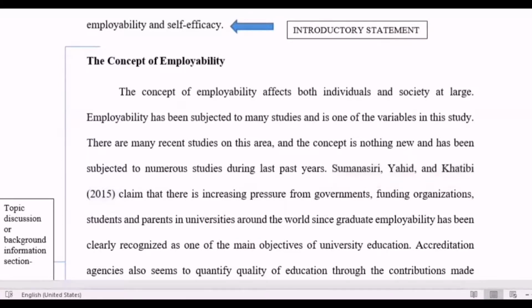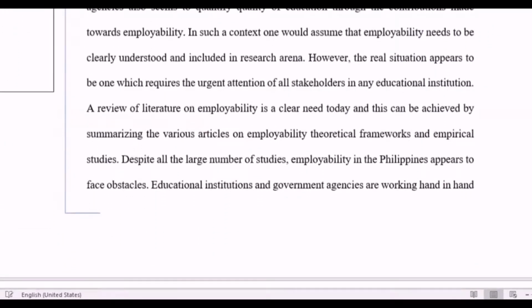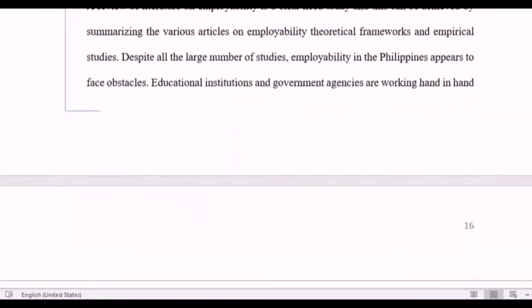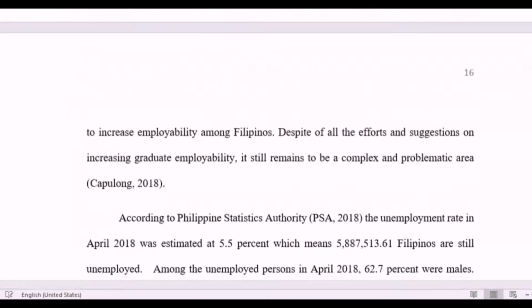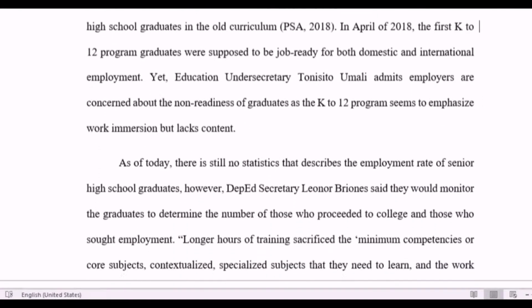Okay, so next is after the discussion of the literature about the topic, sa literature, you can also find mga statistics. Okay, like here, according to Philippine Statistics Authority, no?